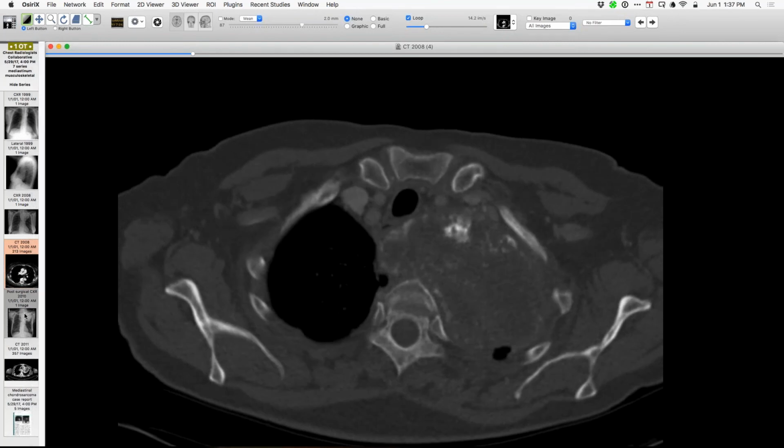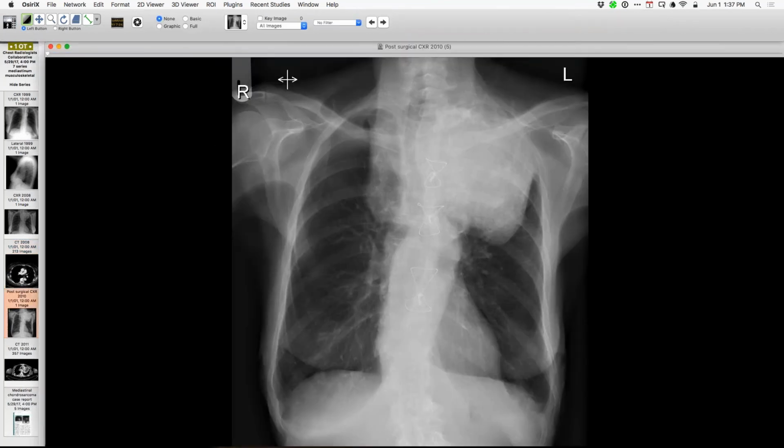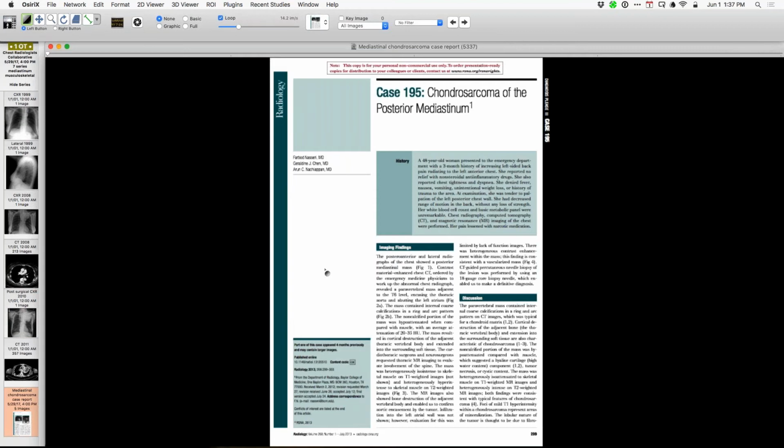So this unfortunately continues to grow, and it looks like the person has had a sternotomy. And the entity of mediastinal chondrosarcoma has been reported, as you can see there. And this is certainly very consistent with an example of it in the chest.